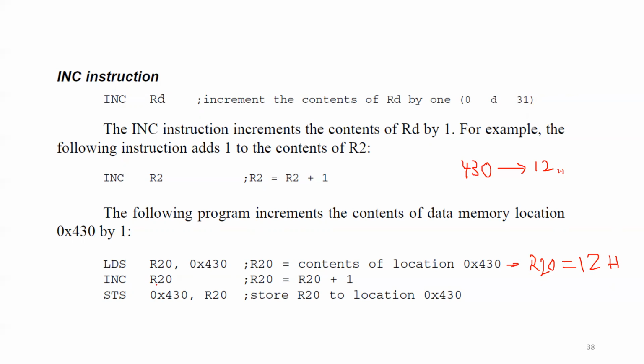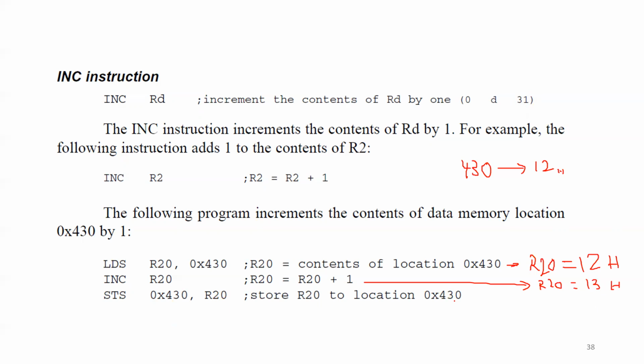Then INC R20 would increment the value which is 12. So after executing this instruction, R20 now would be 12 plus 1 hexadecimal, which is 13 hexadecimal. Then storing the data from R20 into the 430 memory location again.